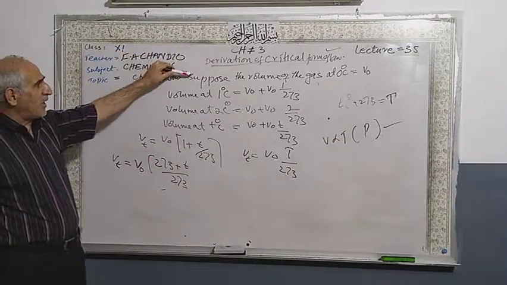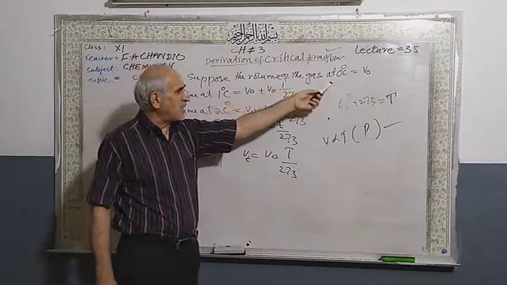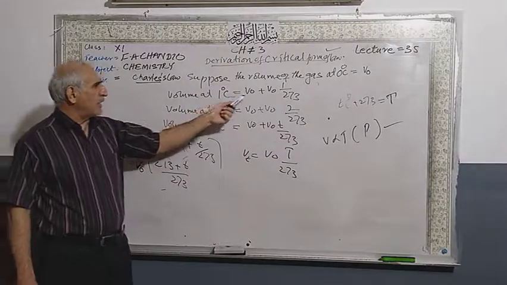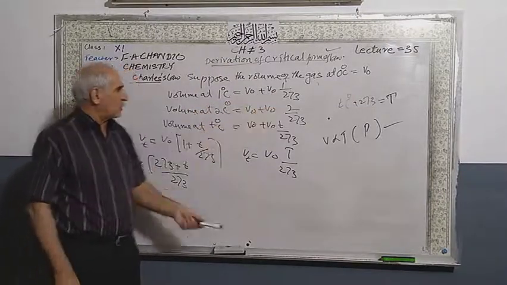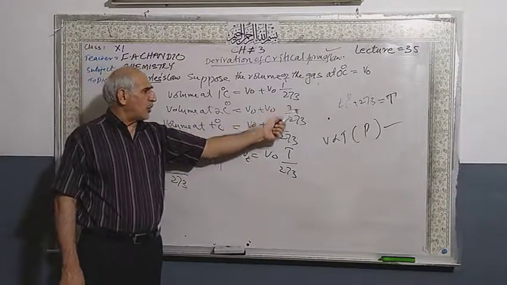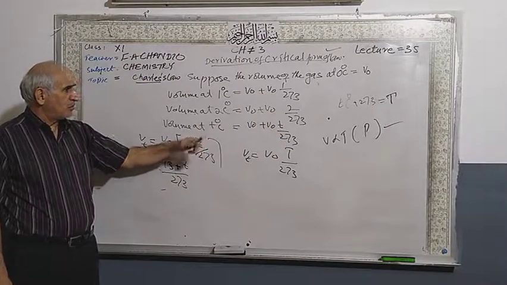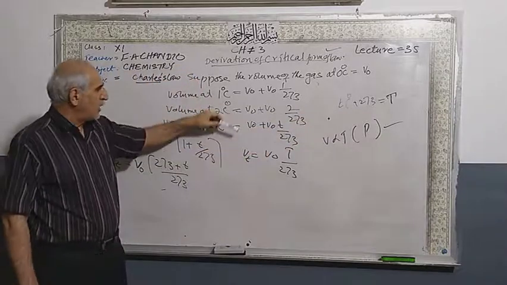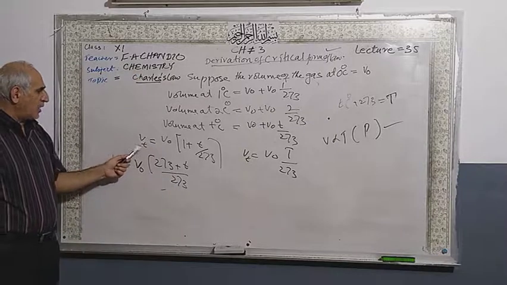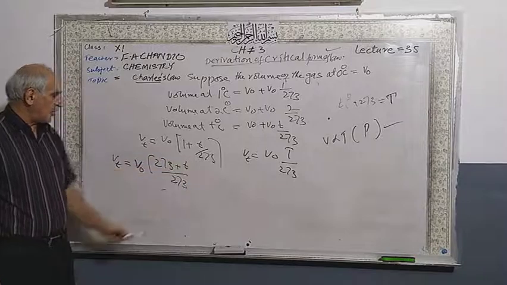So this is the derivation of the critical form of the Charles law. Suppose the volume of gas at 0 degrees centigrade is V naught, the volume at 1 degree centigrade is V naught plus V naught over 273, and at 2 degrees centigrade V naught plus 2 V naught over 273. Volume at any temperature is V naught plus V naught T over 273, which is V naught times (1 plus T over 273).